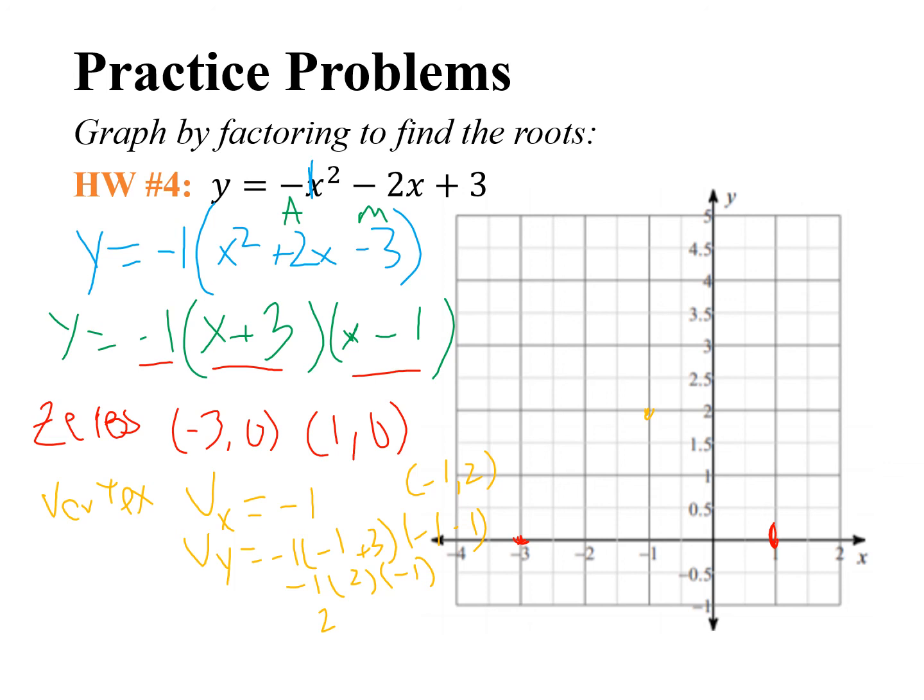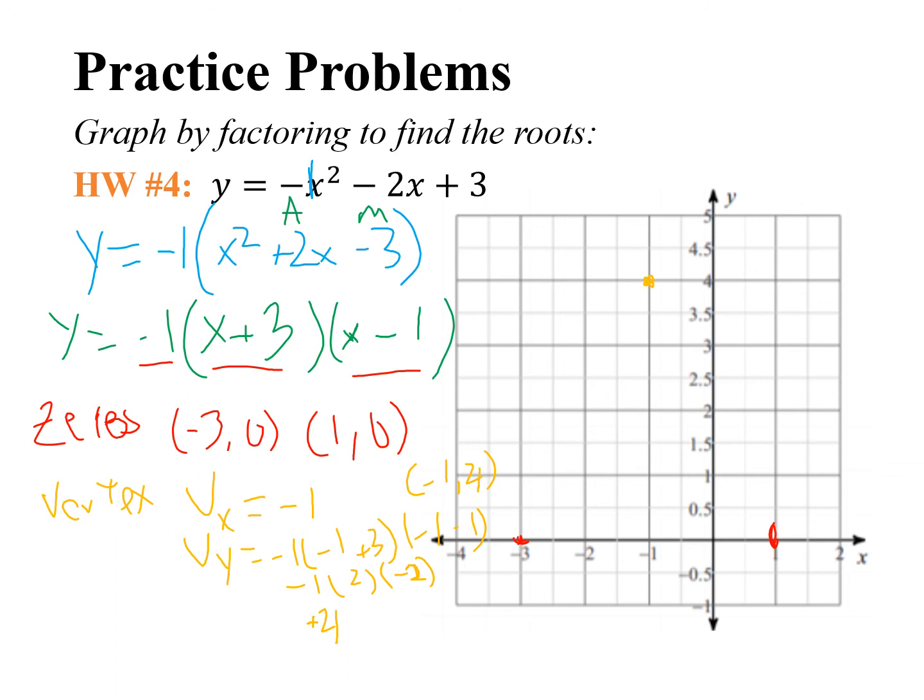Oh, quick little error there. -1 minus 1 is a -2, not a -1, which changed my final answer to, oops, still negative times a negative is a positive. 1 times 2 times 2 is +4, not a +2. There we go. That looks better. So my vertex is, fix it here too, -1, +4.